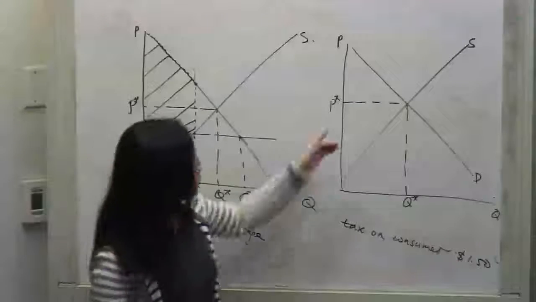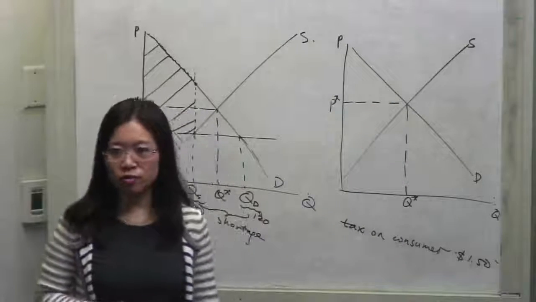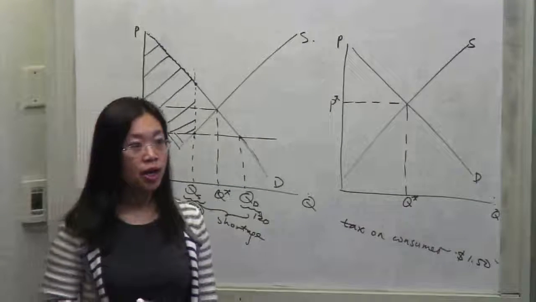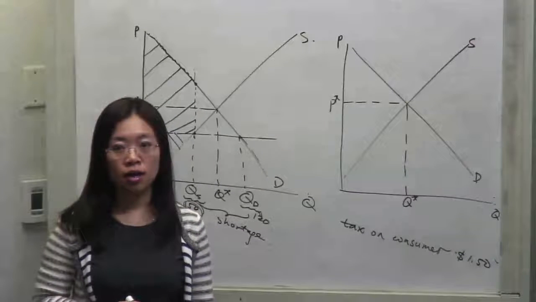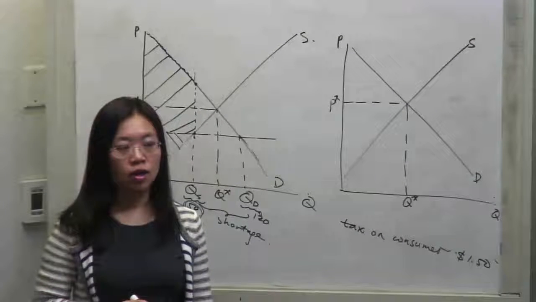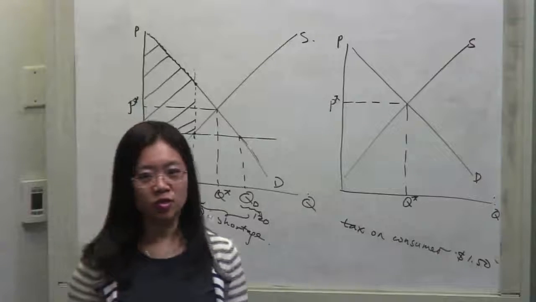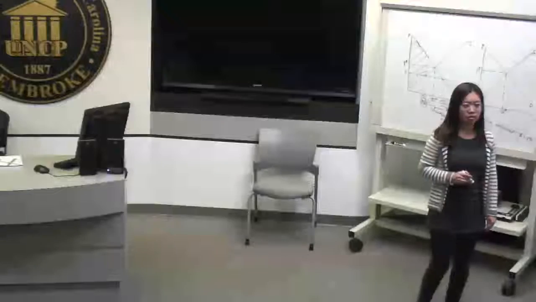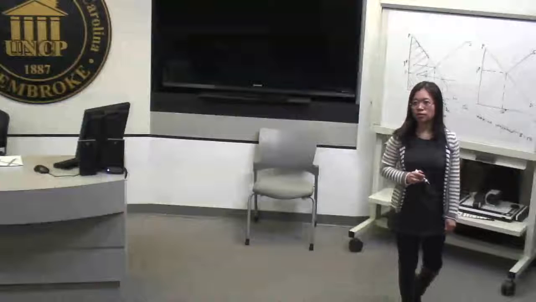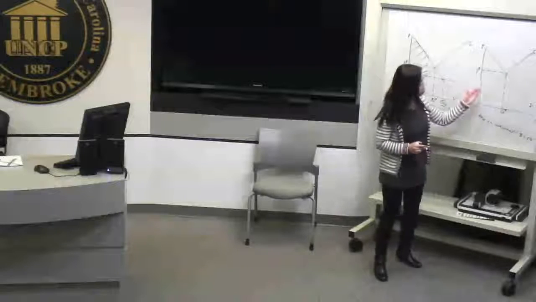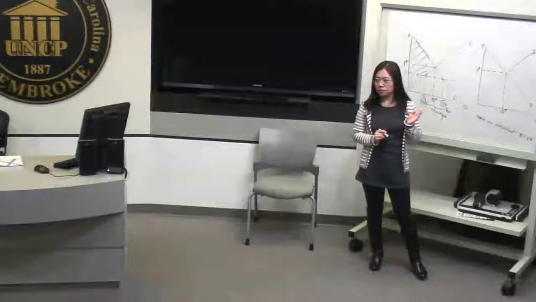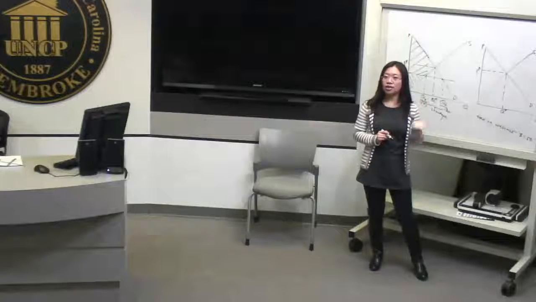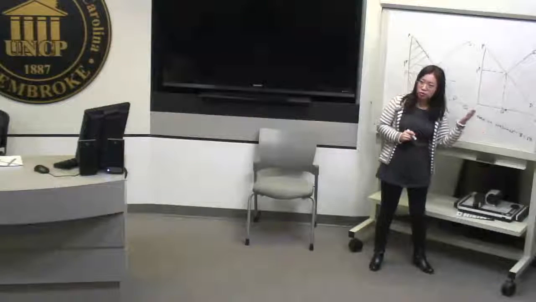So first, one of these is going to shift. Which one, demand or supply? When the tax is on the consumer, which curve is going to be affected? Demand. And demand is going to shift to the left or to the right? To the left. Anytime demand decreases, it shifts left.